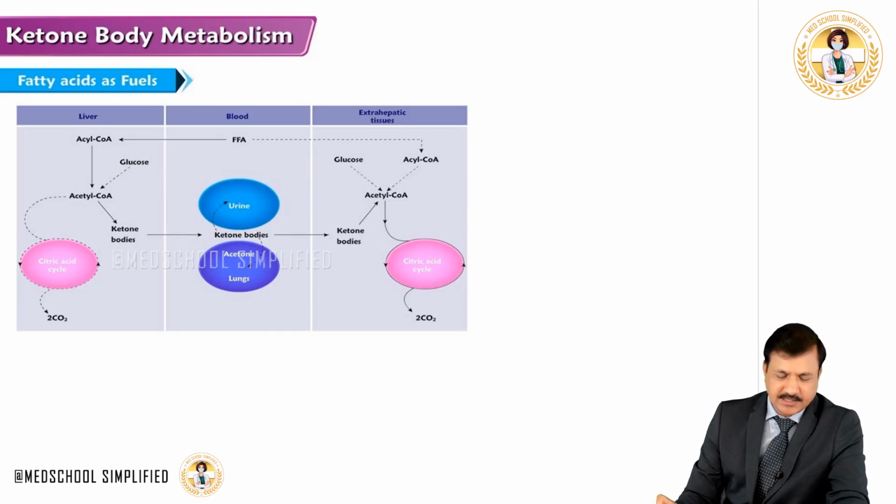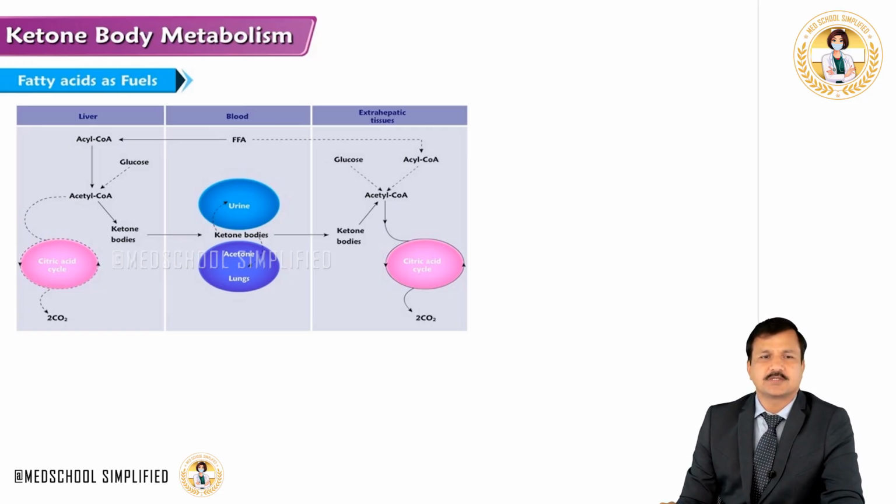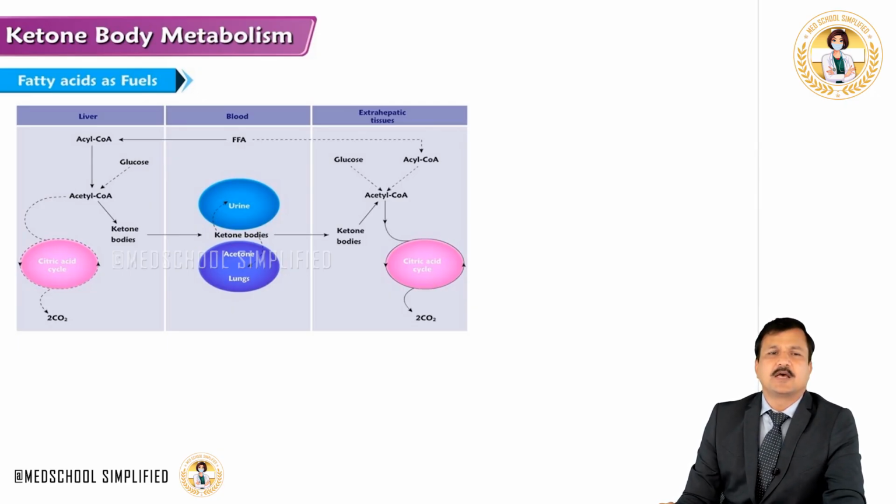The fatty acids reaching the liver will undergo beta-oxidation to give acetyl-CoA, and these acetyl-CoAs initially in the liver can go into the TCA cycle for complete oxidation, but when the TCA cycle is saturated, acetyl-CoAs are diverted into ketone body formation.